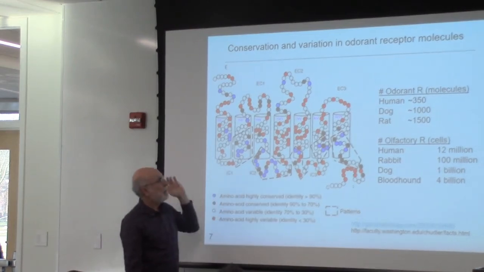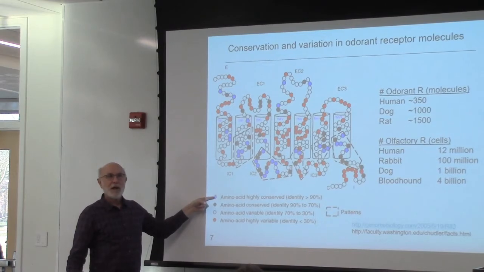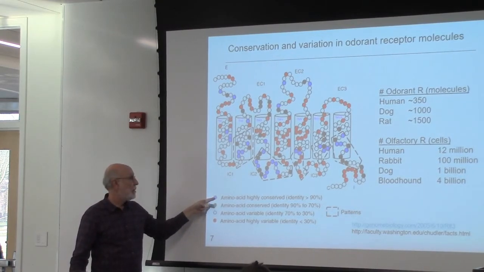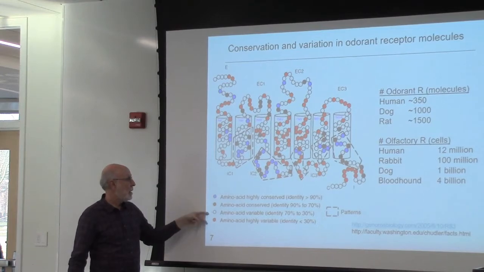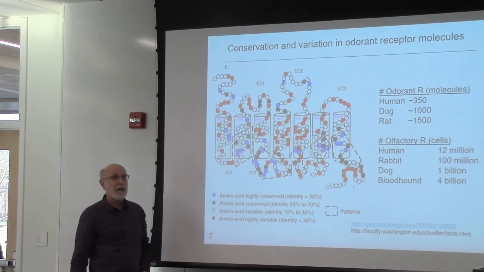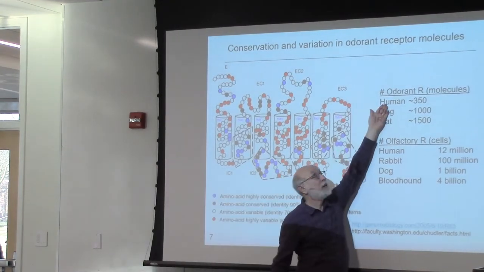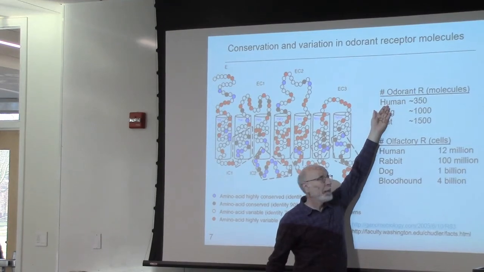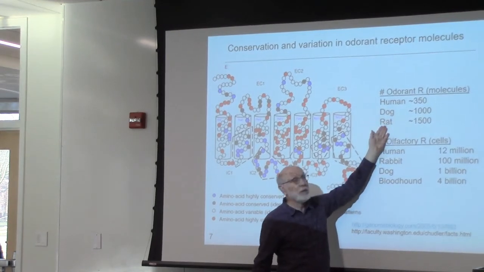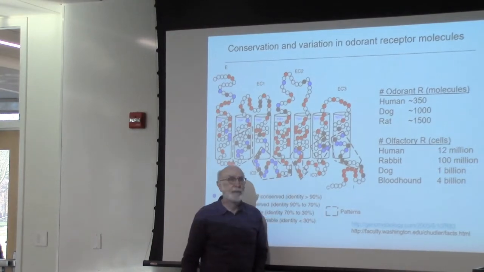The color blue are amino acids that are highly conserved from one receptor to another. So are black. Red and white are amino acids that are more variable. So you can see there's lots of variability in the different olfactory receptors, and we humans express something like 350 of them. Dogs express something like 1,000, rats express something like 1,500, because they are more olfactory animals.